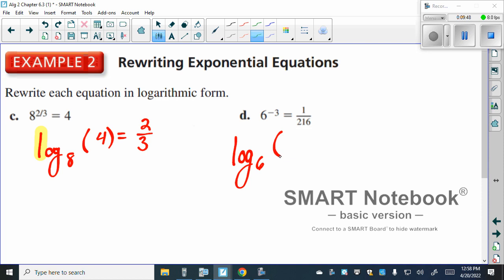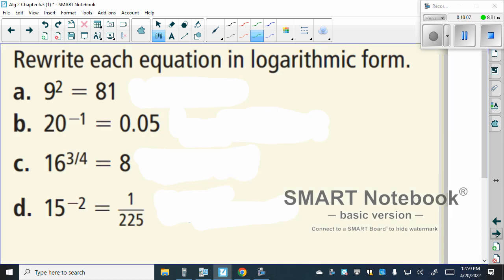Of 1 over 216 is equal to -3. Any questions on this here? We'll look at 4 more and then we'll move on.